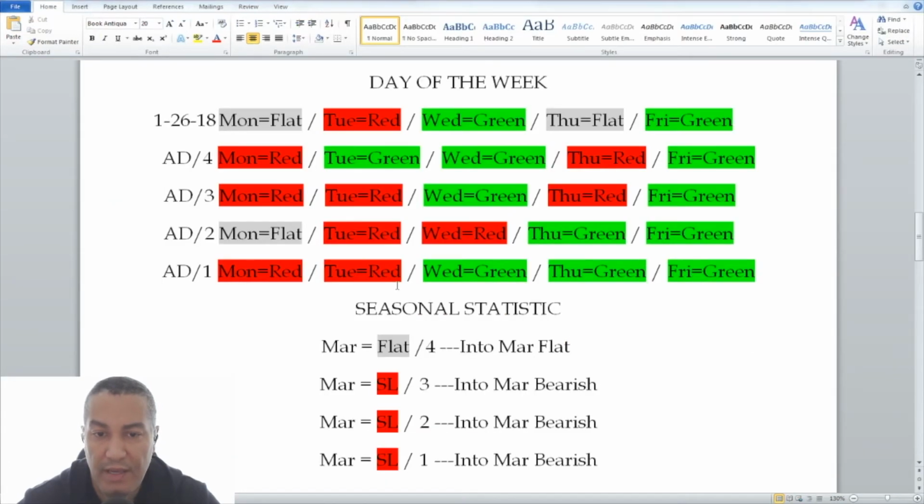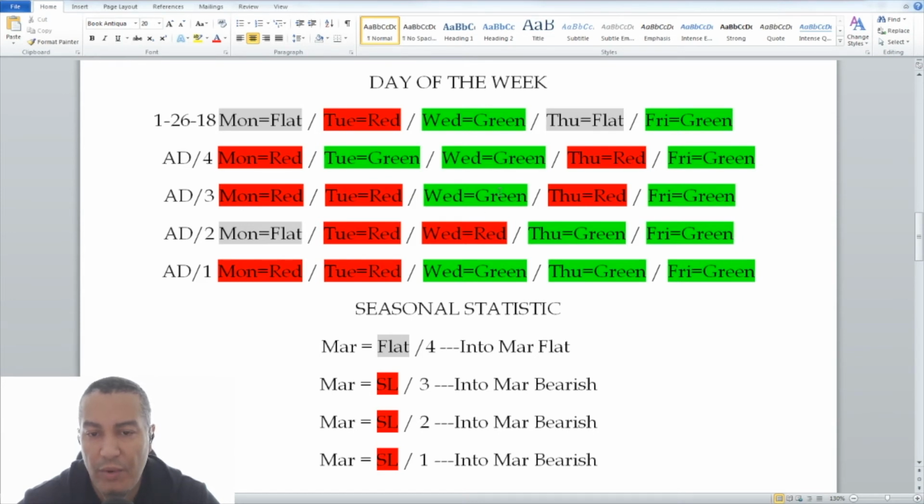Let's see. And statistically, we can see that the month of March is very bearish. It's made a lot of swing lows in the month of March. Dates to watch. Monday and Tuesdays are normally red, very bearish. And today is Wednesday, so it could be that things could start picking up here. You can see that right here we only have one red, but a lot of green.